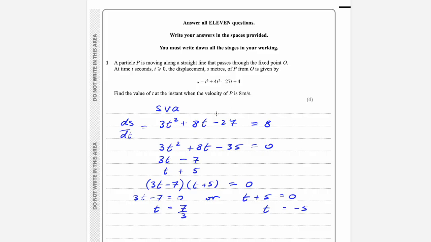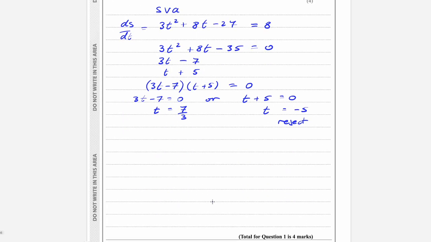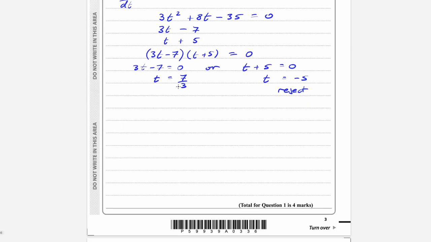Now, of course, t has to be positive because it's time. Therefore, this is the correct answer. We will reject this one, and it is t equals 7 over 3.